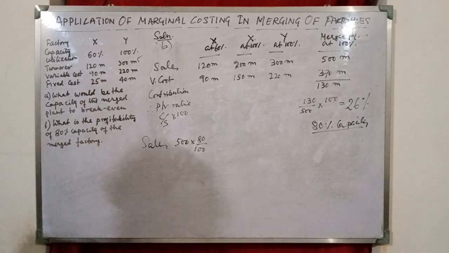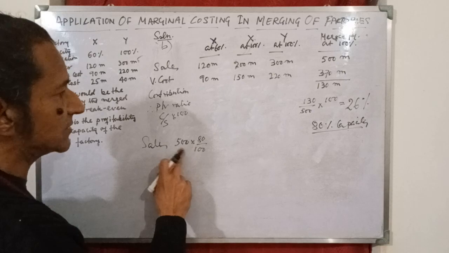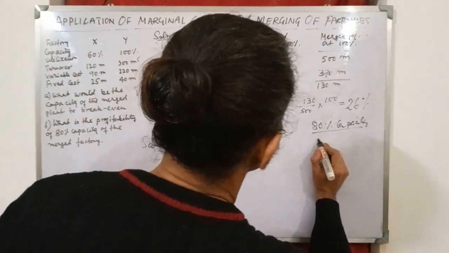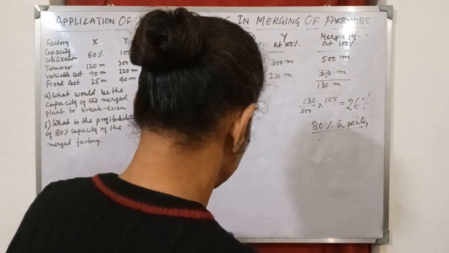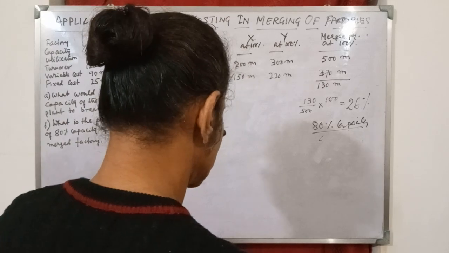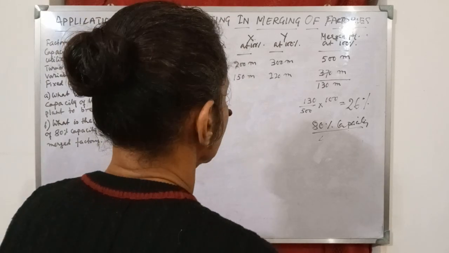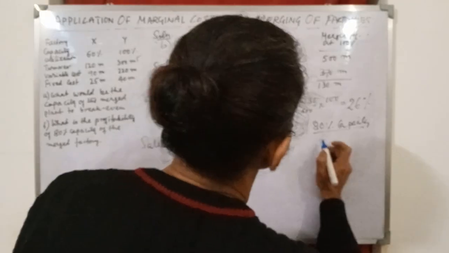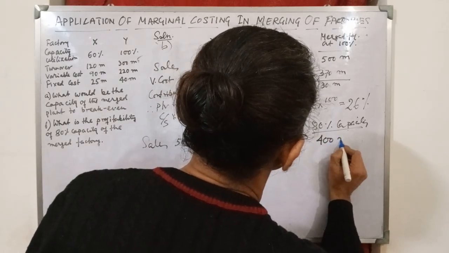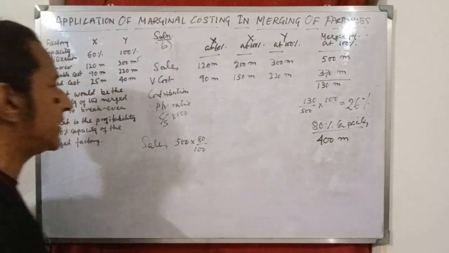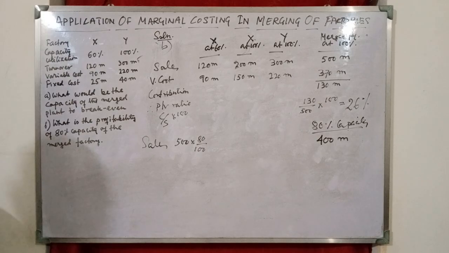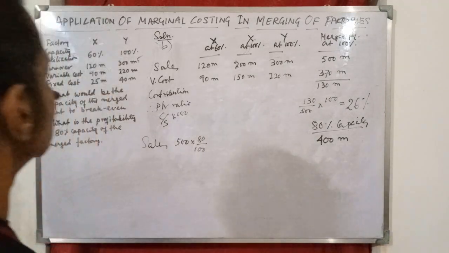So at 80% it will be 80% of 500, that is 400 million.